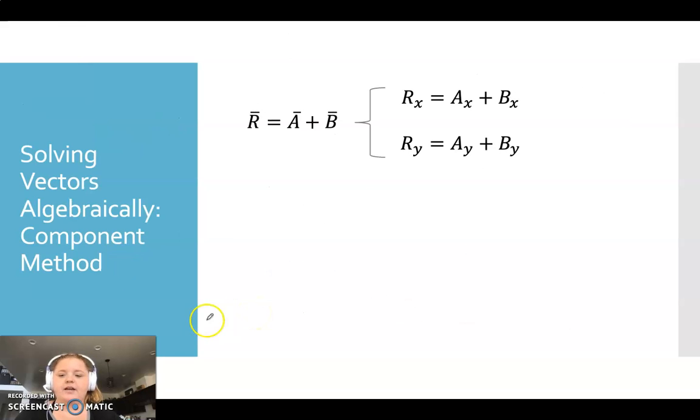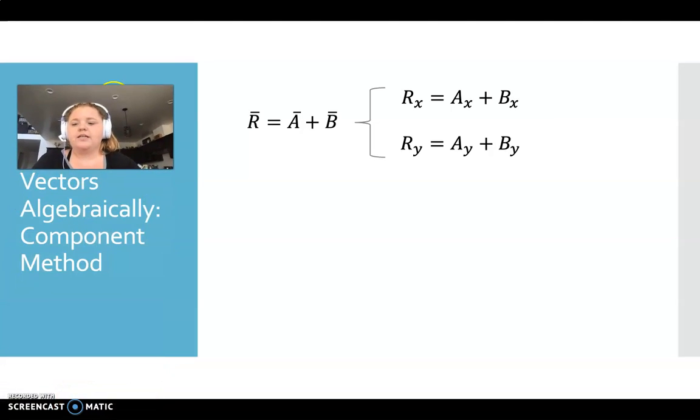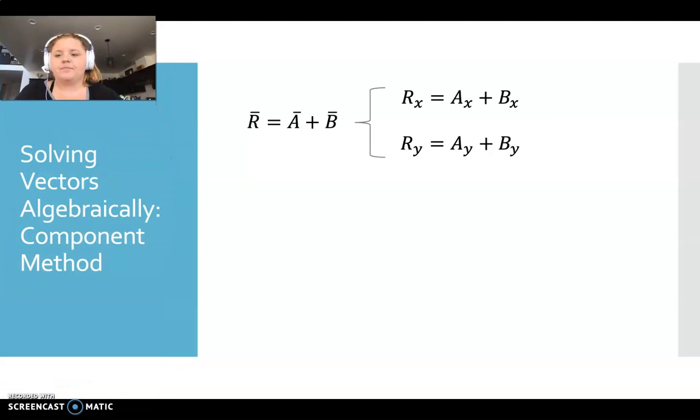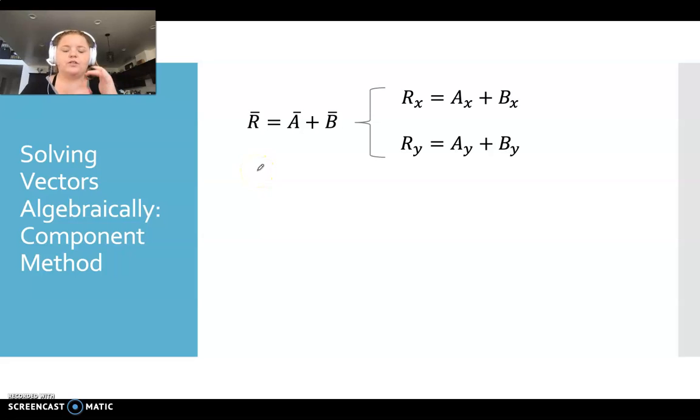All right, let me go ahead and move on to, instead of solving these equations graphically, we can also solve them algebraically. Okay, so say I have 2 vectors A and B that I'm trying to add together, okay, and that would result in our resultant vector R. Okay, so this we looked at graphically already.